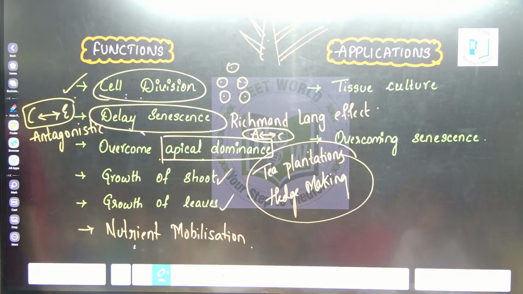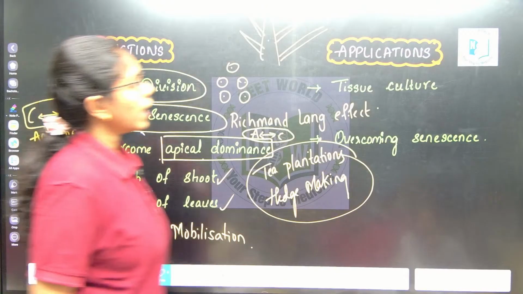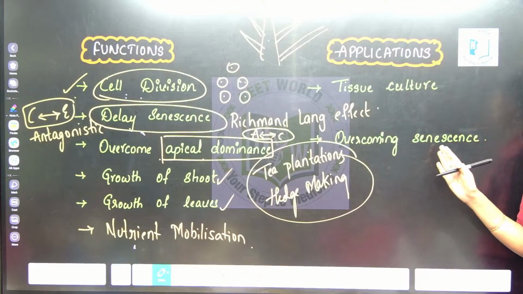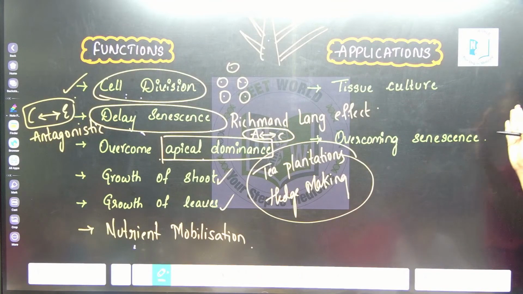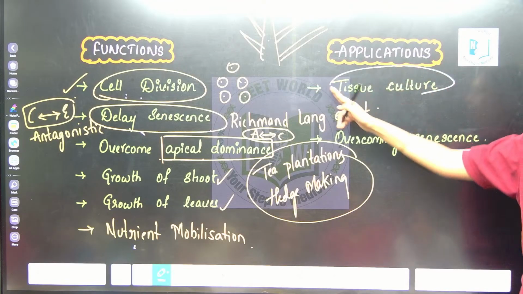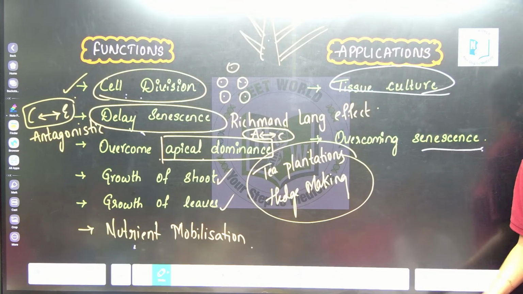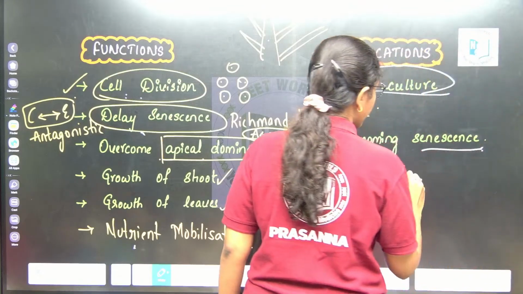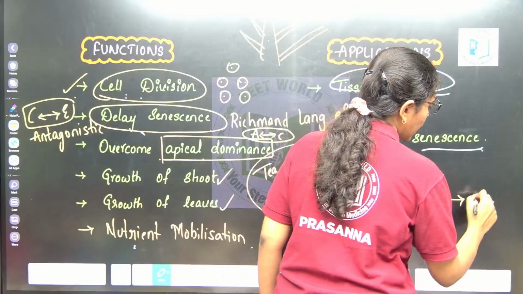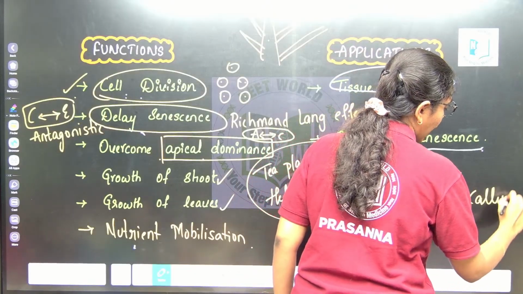Clear? Understood everyone? Next, in tissue culture, if you see the applications, if you spray cytokinins, that will obviously delay the process of senescence. In tissue culture, how you will apply the cytokinins? If auxins and cytokinins are given in equal ratio, that will help in the formation of callus.